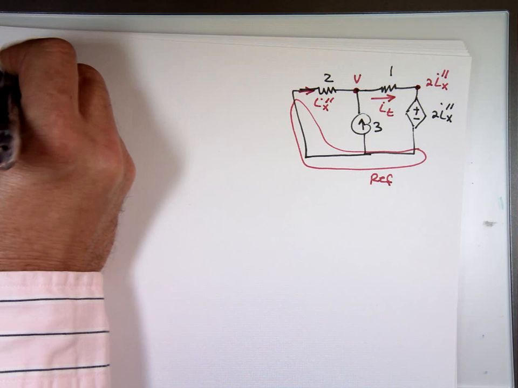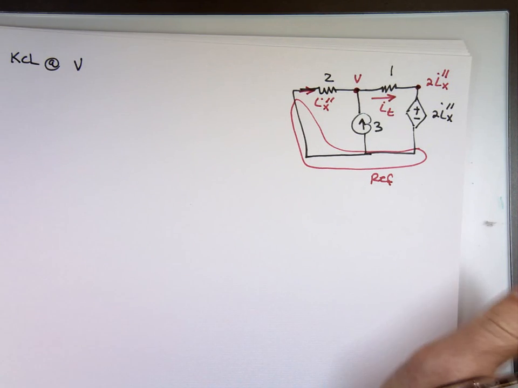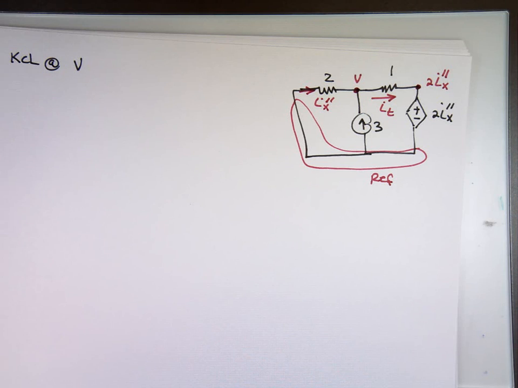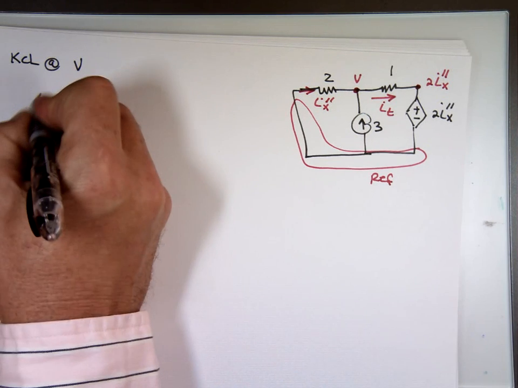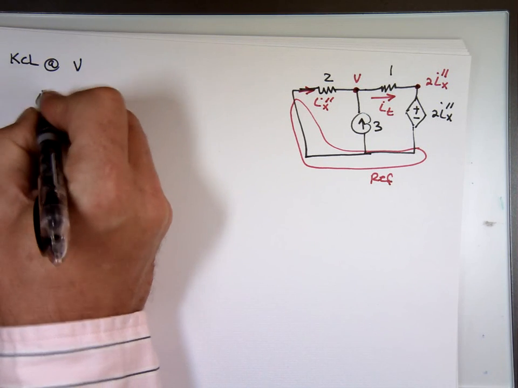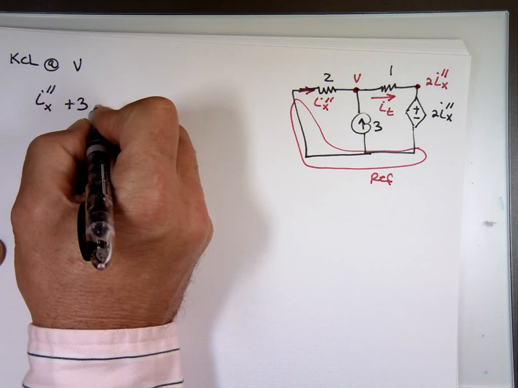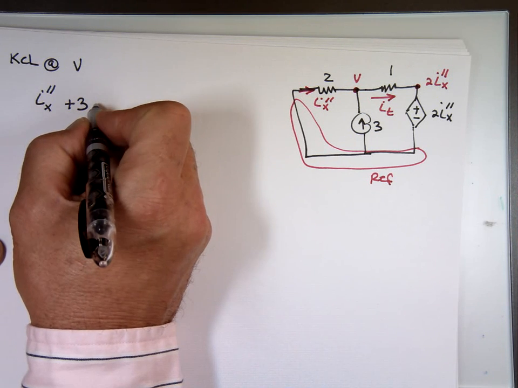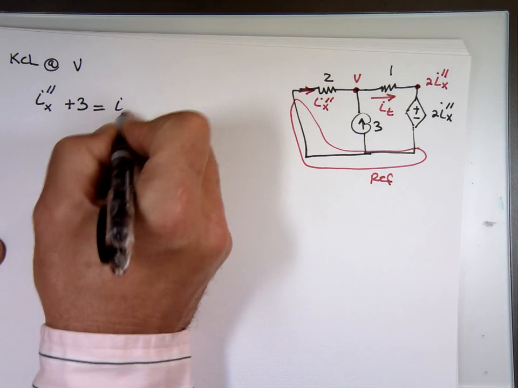KCL at V. The current going in, what do we have going in? I sub x double bar plus the 3 amps equals the current leaving, which is what? I sub t.